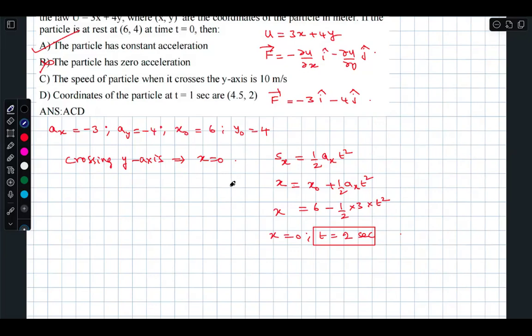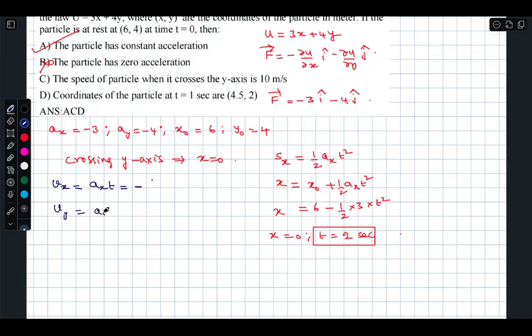T is equal to 2 seconds. Now at t is equal to 2 seconds, what is Vx? Vx is simply axt, in the negative x direction, minus 6 meter per second.